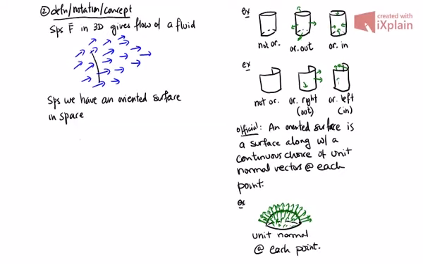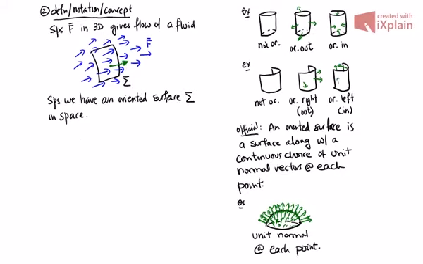Picture a surface like this. That'll be our sigma. And now it's oriented, so it has an orientation. Maybe the surface has an orientation, let's say, to the right. In this case it happens to match the vector field, but that's not really relevant for the discussion. The vector field is F, that's in blue.